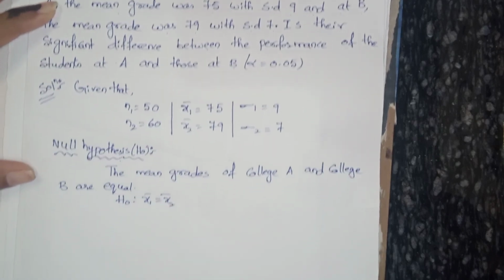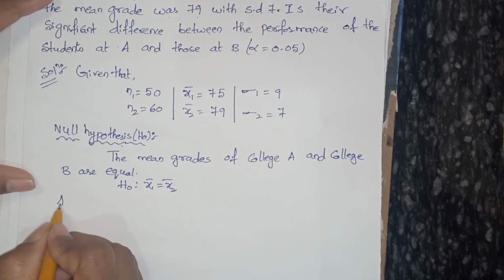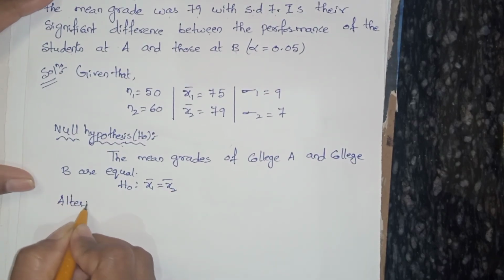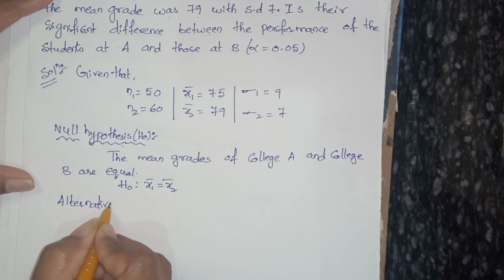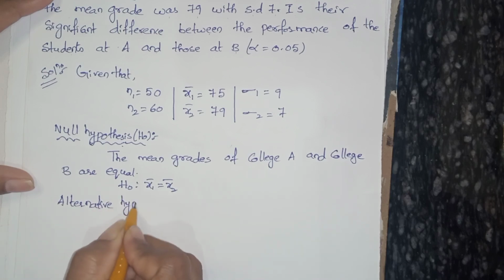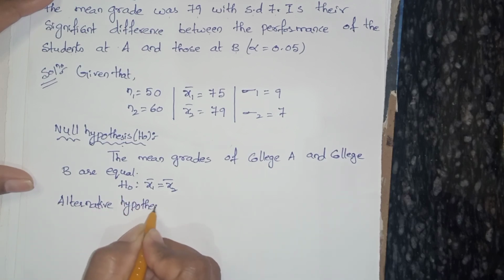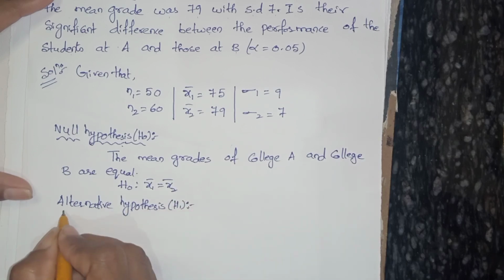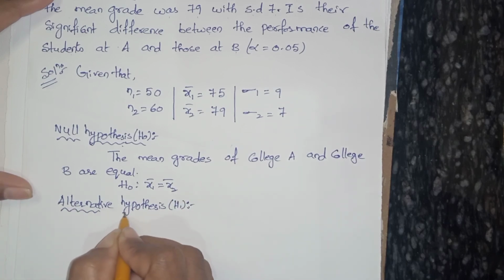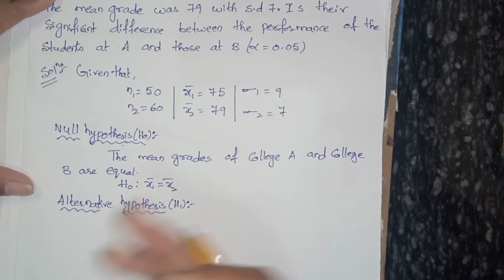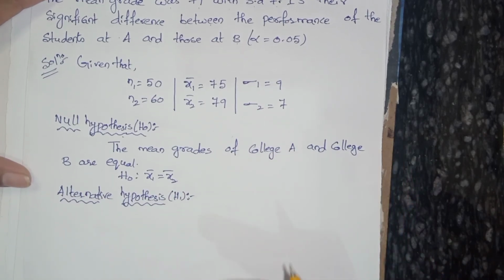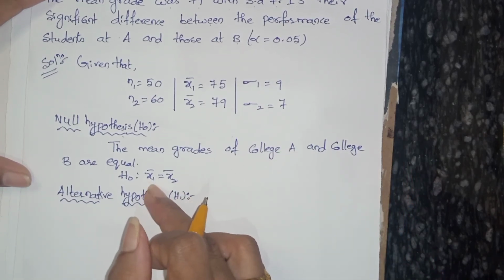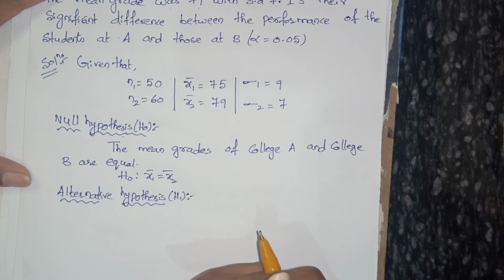Next, alternative hypothesis. The alternative hypothesis is denoted with H1. The alternative hypothesis is contrary to the null hypothesis. That means here we have taken equals to, so in the alternative we have to take not equals to.